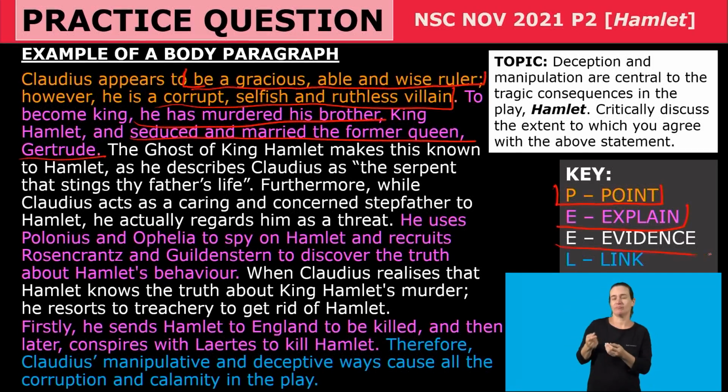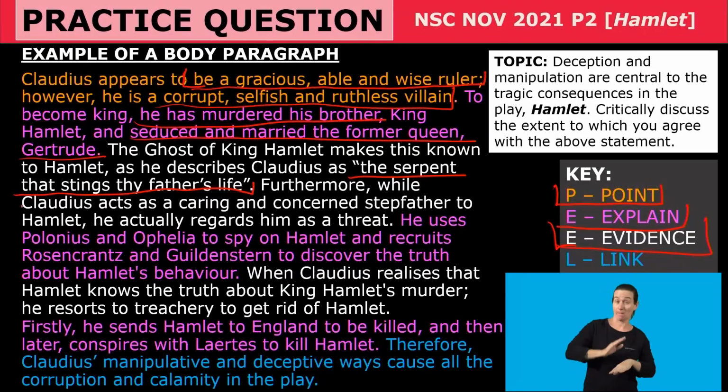Now, let's provide evidence of this. The ghost of King Hamlet makes this known to Hamlet, as he describes Claudius as the serpent that stings thy father's life. So here we've used an actual quotation from the play in Act 1, Scene 5, and we've used that to support the point that we made.